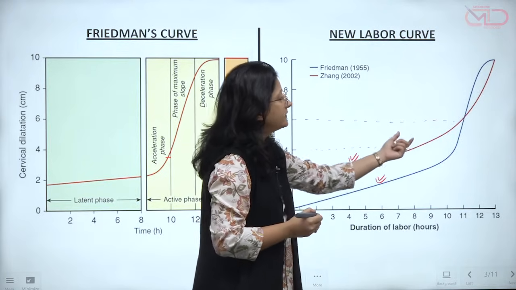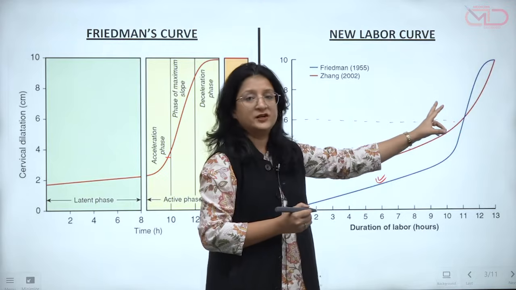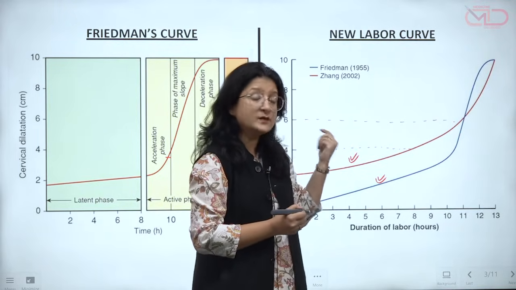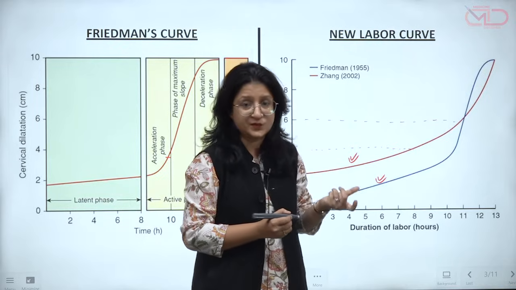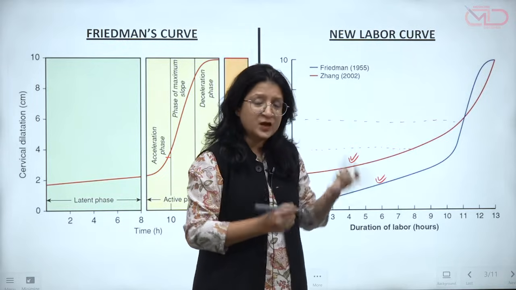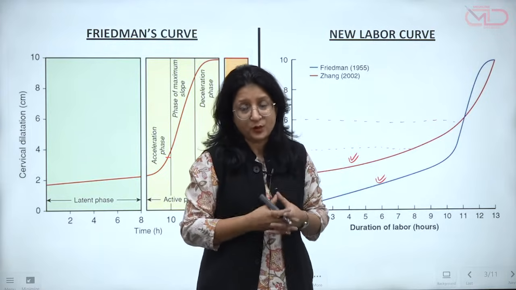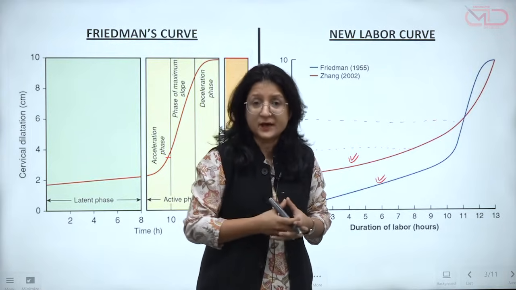Okay, and the rapid rate of cervical dilatation is achieved once the 6 centimeter threshold of cervical dilatation with significant cervical effacement has been crossed. So it is in line with these new findings that the WHO gave this next generation partograph.